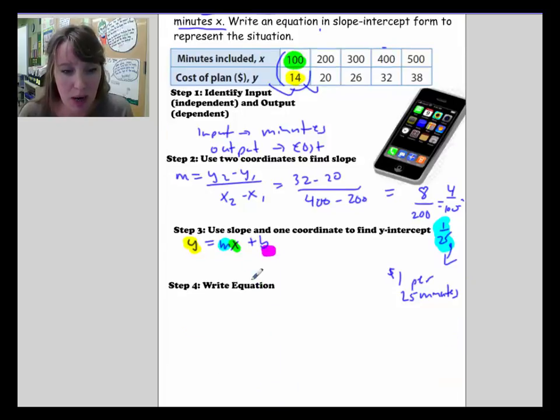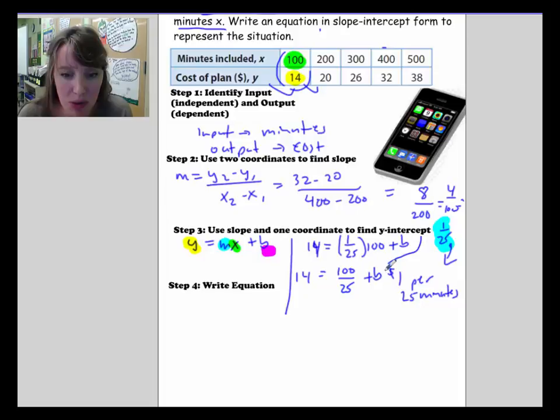Let's put in the x. 14 is equal to 1/25th times 100 plus b. Well, 100 times 1/25 is 100/25, and that just reduces to 4. So 14 is equal to 4 plus b.